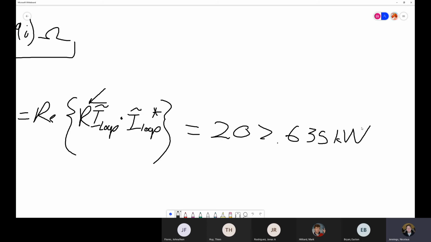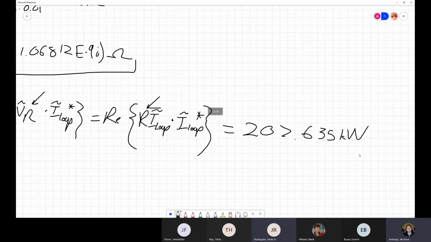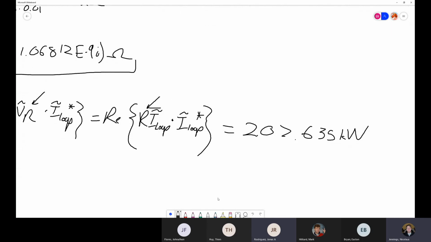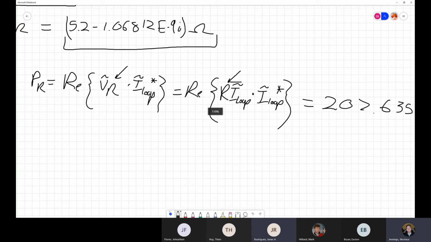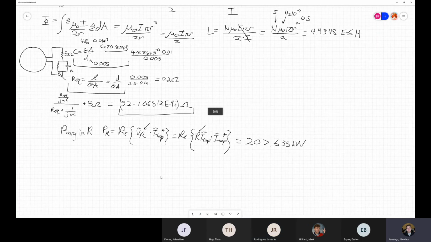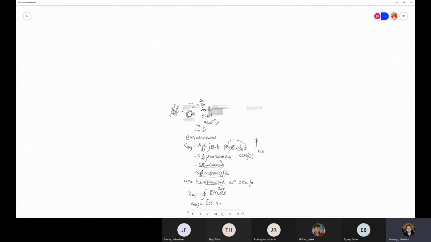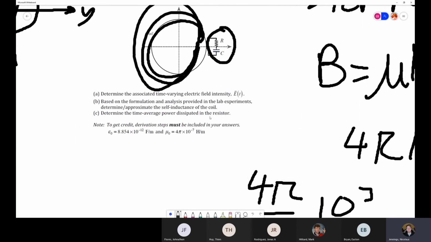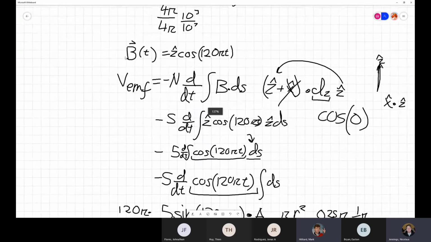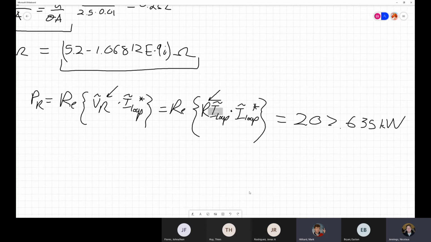Does that make sense? Nick, I just want to clarify the resistance we use in this calculation. That was the equivalent impedance we just got? No, sorry, I believe this is actually just the 5 ohm resistance. Time average power dissipated in the resistor. Okay, where did the current come from? This is just the current from the loop.